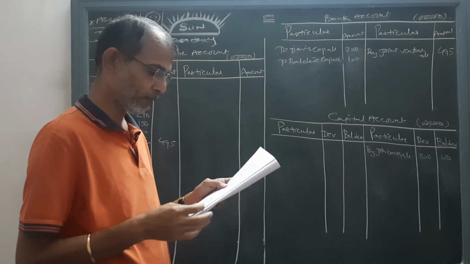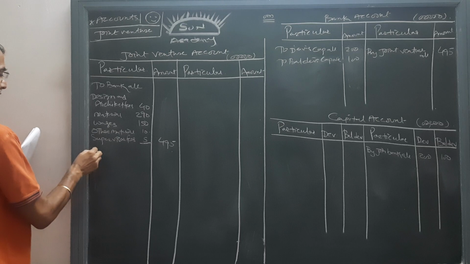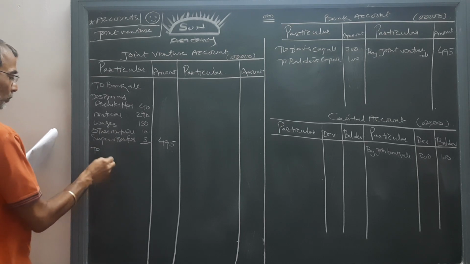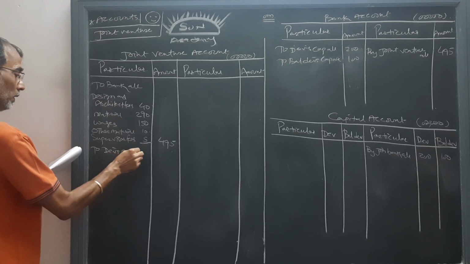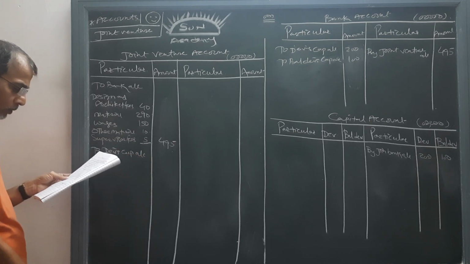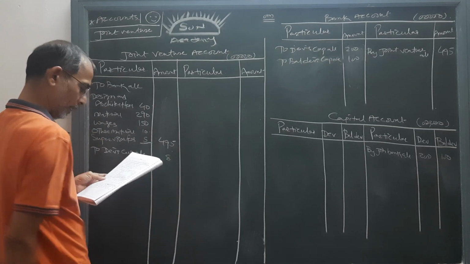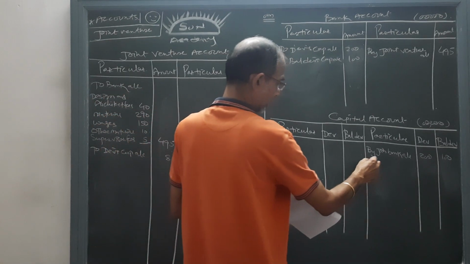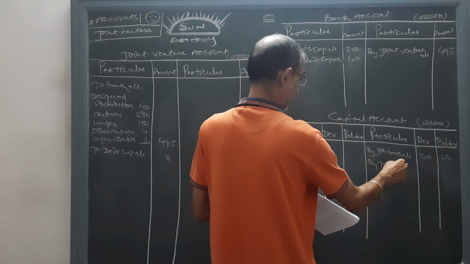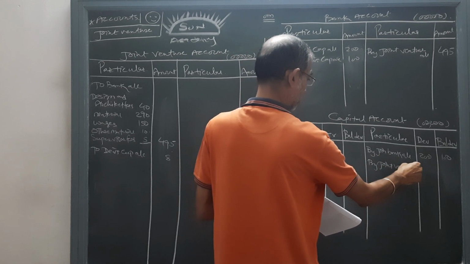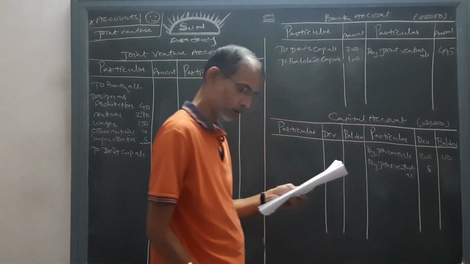Now they have supplied material worth 8 lakh. So on the debit side of the joint venture account, to Dev's capital account, that is 8 lakh. On the credit side of the capital account, by joint venture account, in this column 8.